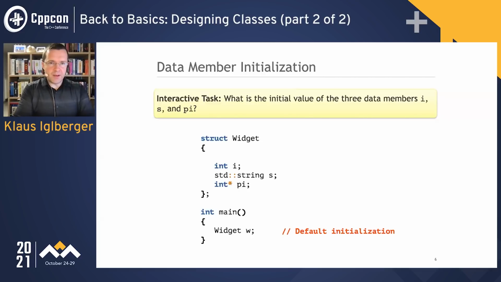Think about this for a couple of seconds. Trust your gut feeling, perhaps. Perhaps you're thinking, the I is initialized? No, it's not. I is completely uninitialized. Perhaps it feels like it's 0, but no, you cannot trust that. The string, on the other hand, is probably initialized to an empty string.